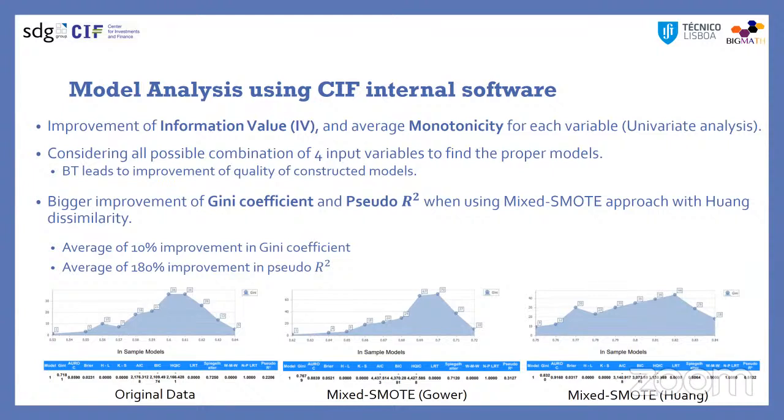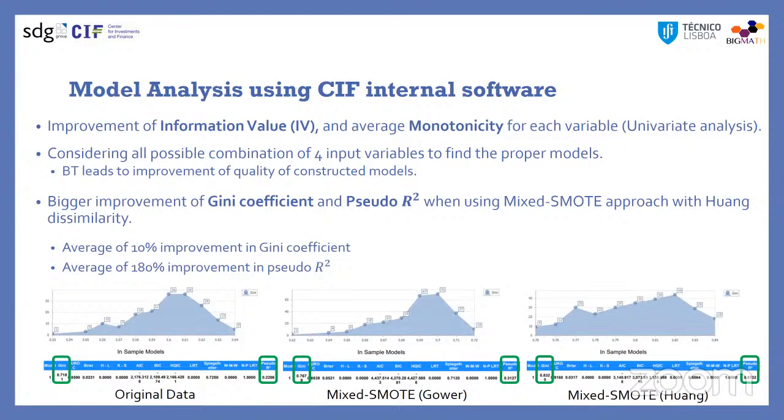It clearly shows that the balancing technique could lead to improvement in the quality of the constructed models, with improvement in the Gini coefficient and pseudo R-square. Especially when we compare the mixed mode using the Huang dissimilarity to SMOTE plus Gower, we see superiority in the Gini and R-square, which again shows our method could outperform the competitor.